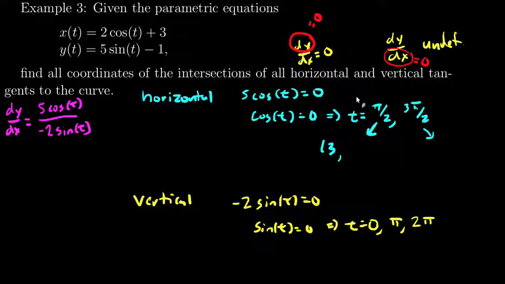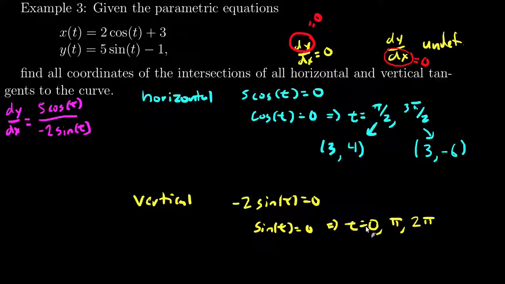And sine of pi over 2 is 1, times 5 is 5, minus 1 is 4. So that gave me the point (3, 4). Same thing here. When I put 3 pi over 2 in, the cosine of 3 pi over 2 is 0, times 2 is 0, plus 3 is 3. The sine of 3 pi over 2 is negative 1, times 5 is negative 5, minus 1 is negative 6.